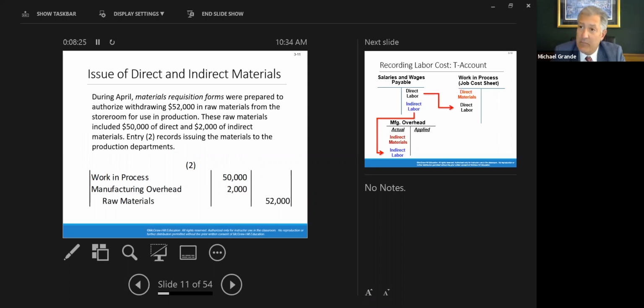So let's remember, by definition, work in process includes direct materials, direct labor, and manufacturing overhead applied. Manufacturing overhead includes indirect materials, indirect labor, and other factory costs. So this is what they did here, right? They put the direct materials into work in process, and they put the indirect materials into manufacturing overhead.